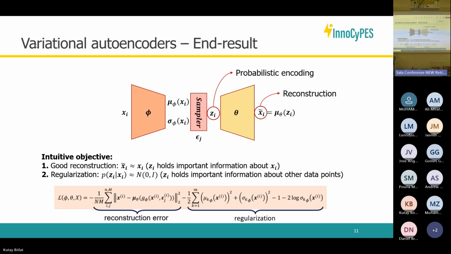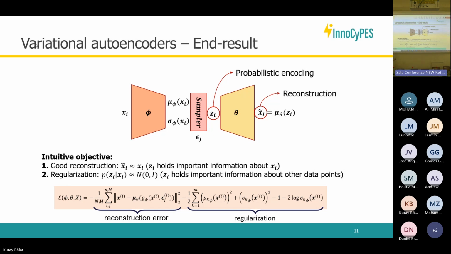This is actually an underdefined kind of problem, because there's an information bottleneck here, right? Most of the cases. So we say the reconstructions should be as similar as the inputs, so that zi holds important information about xi.